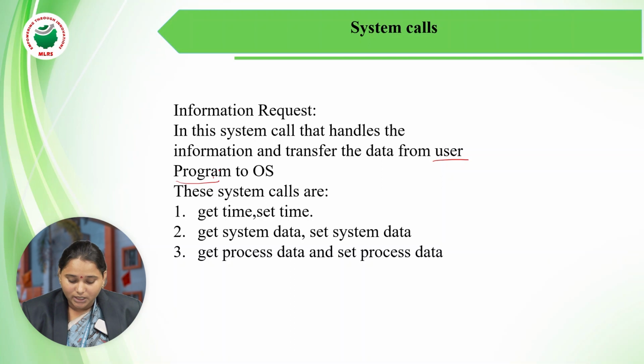Between the user program and the OS, we transfer the data through information request. These system calls are used: get time, set time, get system data, set system data, get process data, set process data. These are the information request system calls.